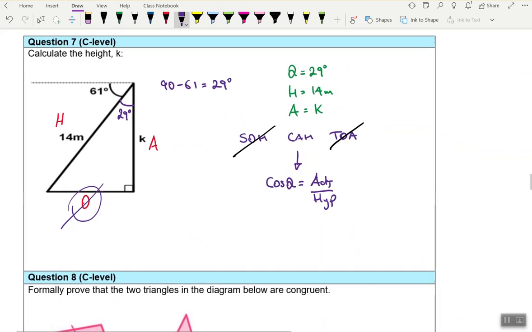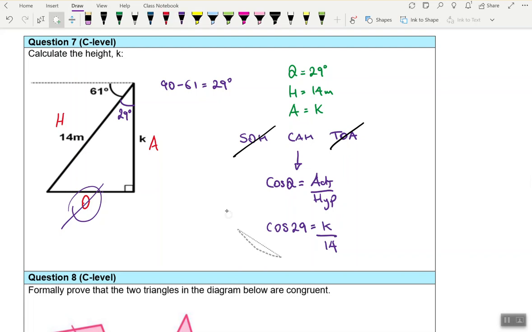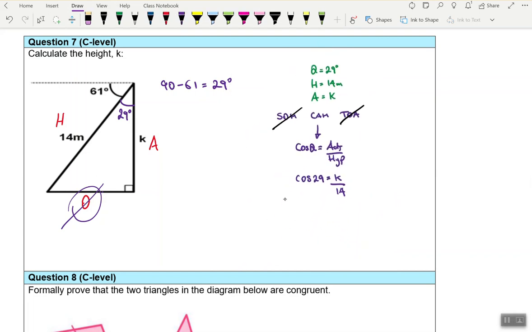Now I'll just substitute my values. I've got cos 29 is equal to adjacent, which is k, divided by hypotenuse, which is 14. Now when the variable is at the top, meaning k is at the top, we will swap cos and 14. That's a quick way of thinking about it.